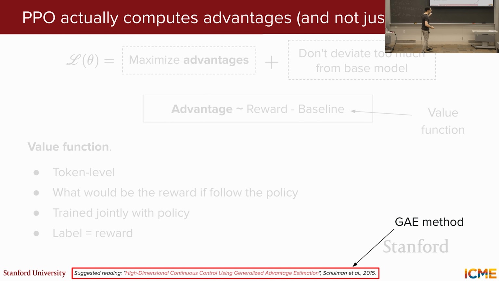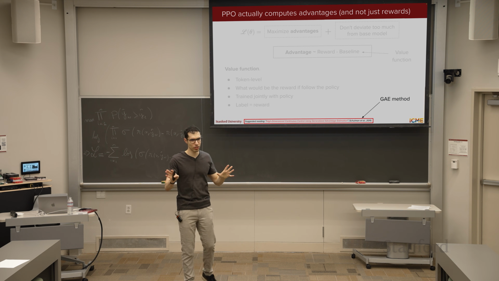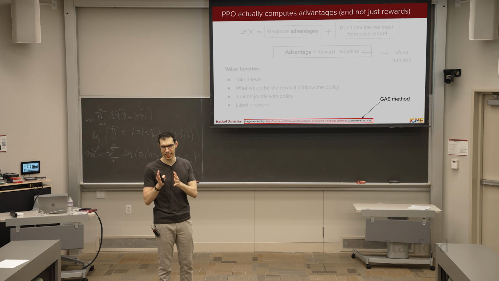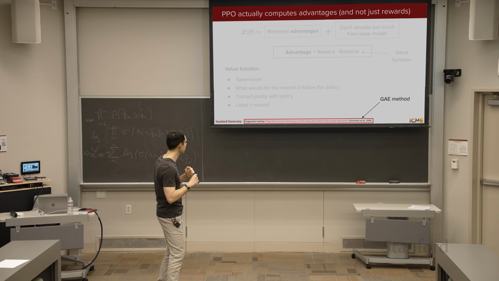I am intentionally not going too much into detail as to exactly how that advantage is formulated. It is just beyond the scope of this class. But in case you're interested, I would highly recommend reading this paper, which is mathematically involved, about the generalized advantage estimation method, which people typically use for this.